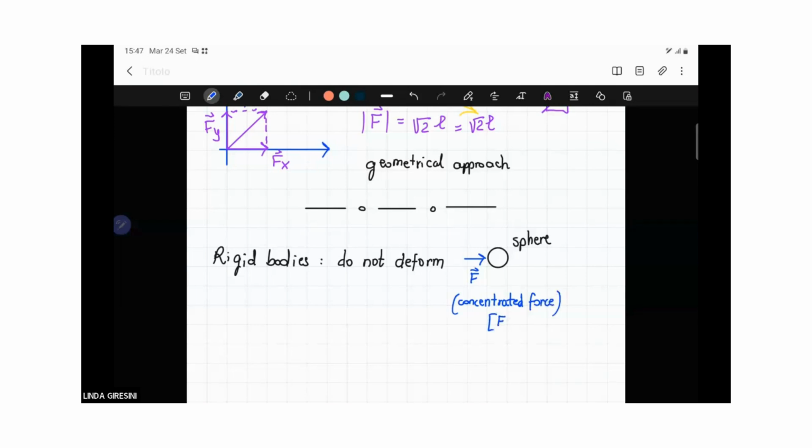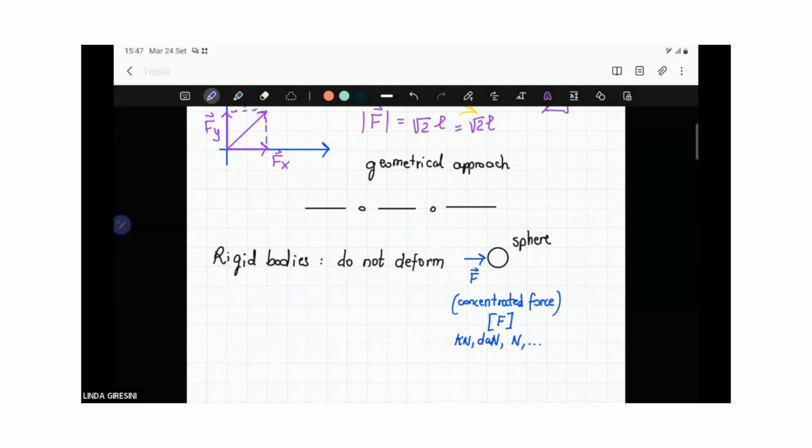So its unit is that of a force, so kilonewton, Newton. So with F, you indicate that it is the unit of a force in general. Then when you have to express a specific unit, you can say kilonewton or decanewton or, I don't know, whatever, newtons and so on.